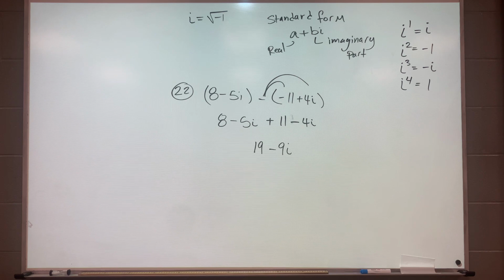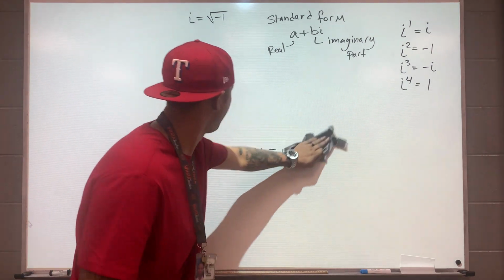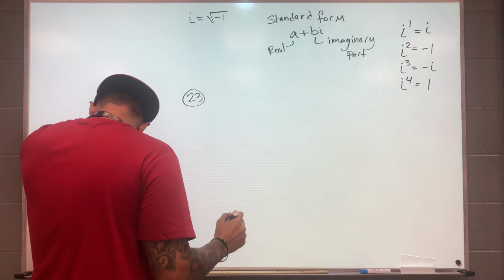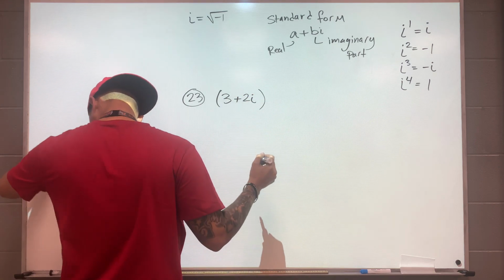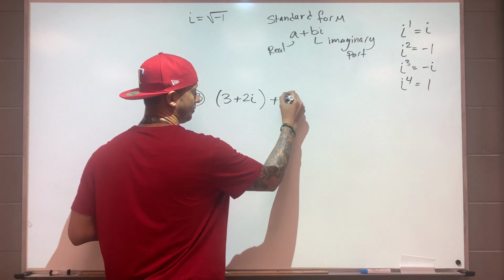Now it's 23. That was 22. Here's 23. Three plus 2i. Plus 5 minus i.